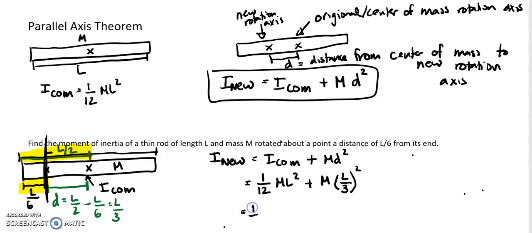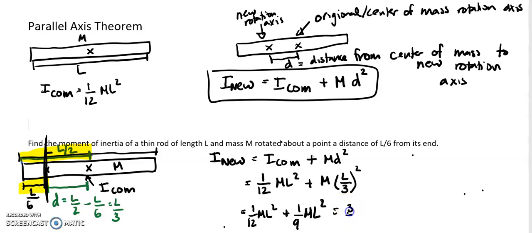So let's do some math. It's 1/12 mL squared plus, this will be L squared over 9, and I like to put the fractions out front, it's just easier for me. So 1/9 mL squared. Great, we can find a common denominator, that's going to be fun. It looks like 36 is a nice one.